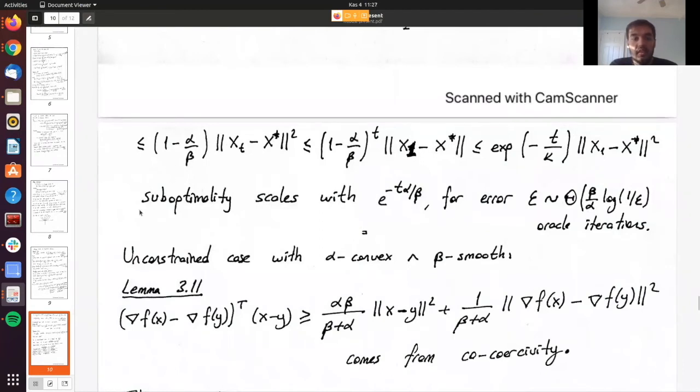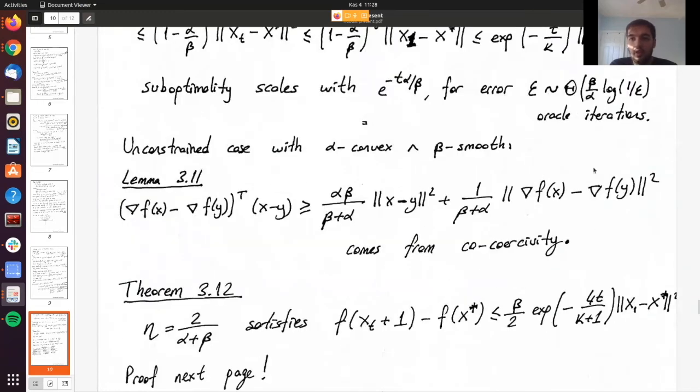And here we see that suboptimality scales with this exponential, and that means to be epsilon optimal, we need on the order of beta over alpha log 1 over epsilon oracle iterations. And for comparison, we will also show the unconstrained case with both assumptions, alpha convex and beta smooth.